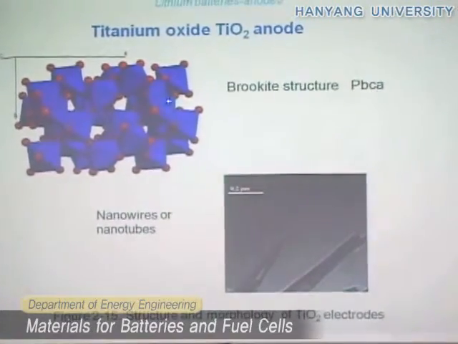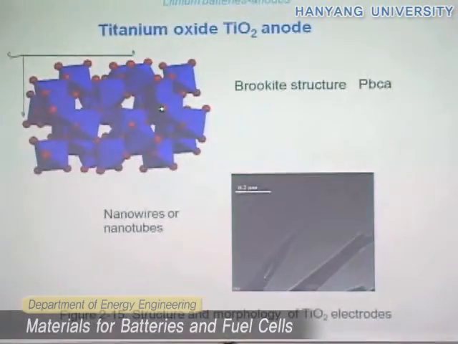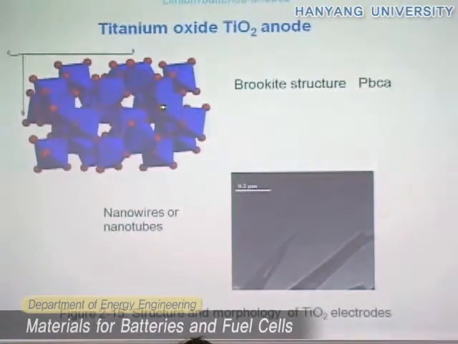So to remove lithium from here and to insert it back, you have actually the opposite: put lithium inside and remove lithium in these holes here, these channels here. You must assure that lithium diffuses inside this structure.